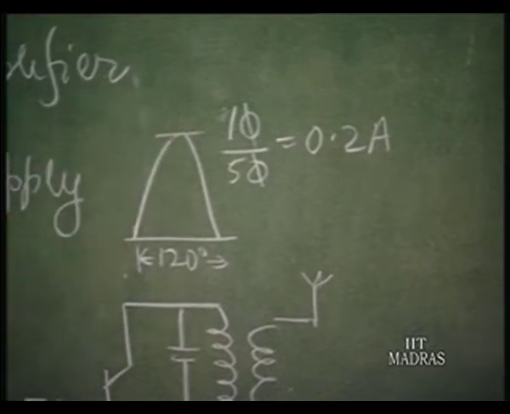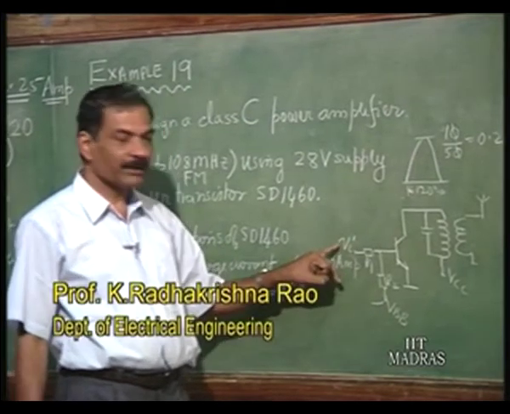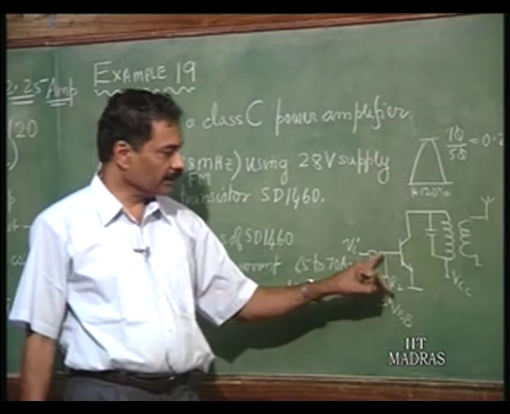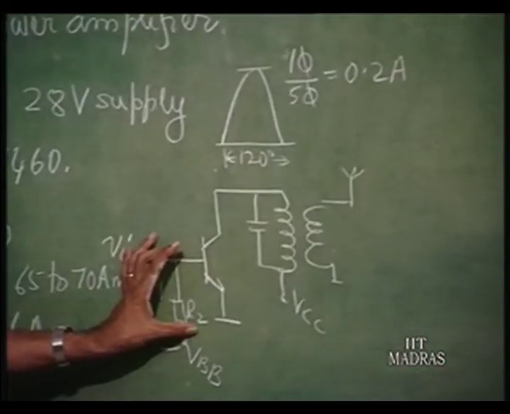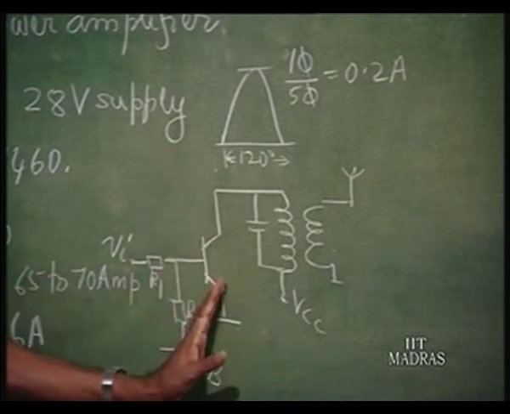That current waveform you have to generate using a specific value of VBB and a specific value of peak voltage here with a specific resistance. You have to assume that the transistor conducts for about say 1 volt. V gamma for all these power amplifiers you can typically take as 1 volt, as against 0.6 or 0.7, because it is operating at fairly high current. Okay.